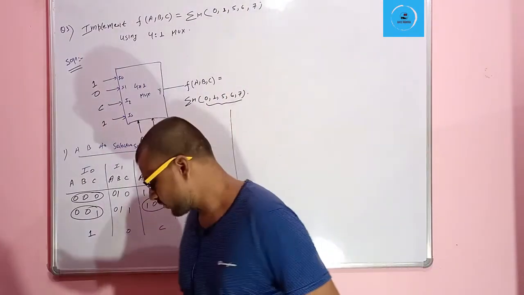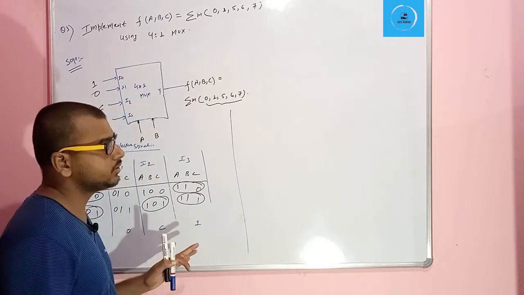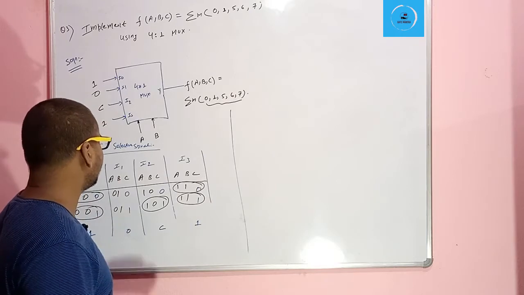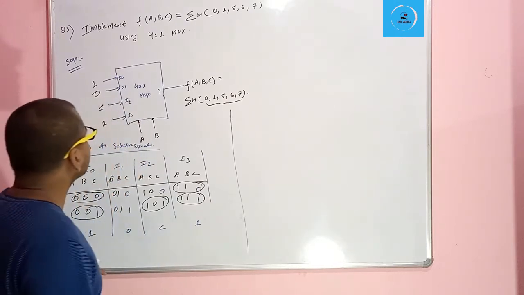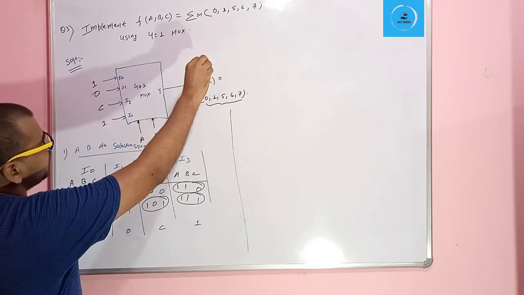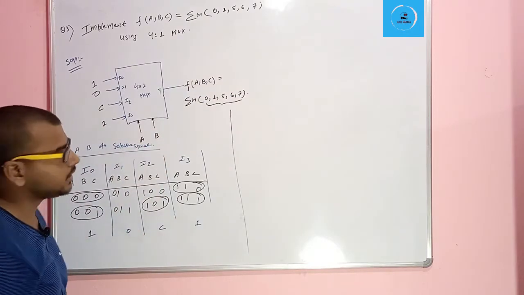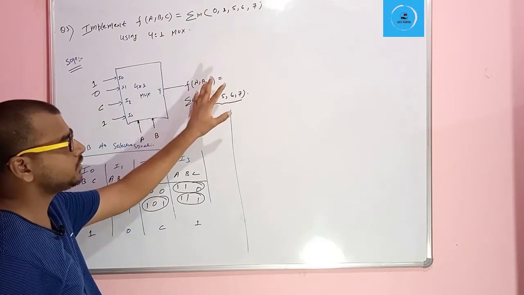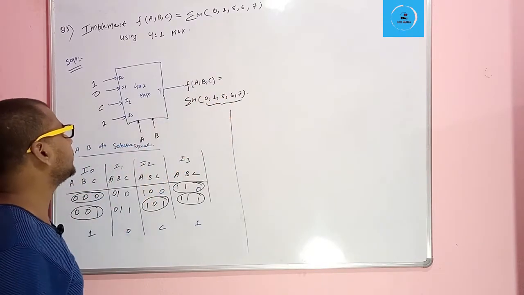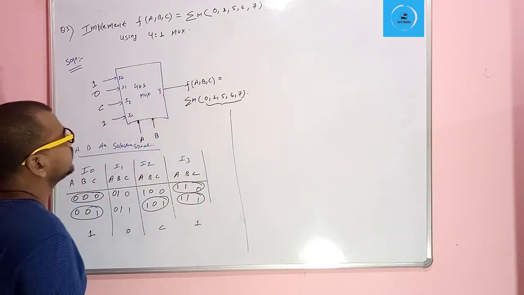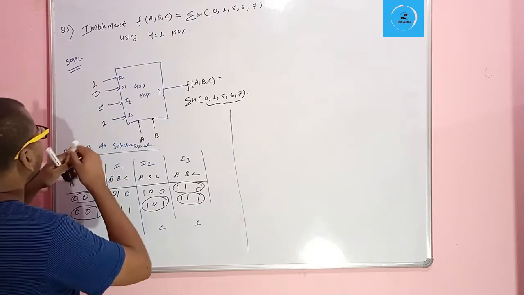Since this is the first problem of this type, there may be some difficulty in understanding it. If we solve the second and third problems like this, it will be more comfortable for us. If we are given this kind of question, where there are two selective lines, and using the two selective lines we would get an output that is a function of the two literals A and B, but the output is given as a Boolean expression of three literals, then we have to provide a function in the input.